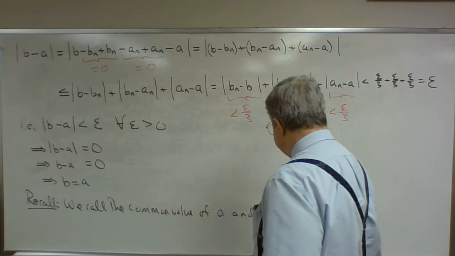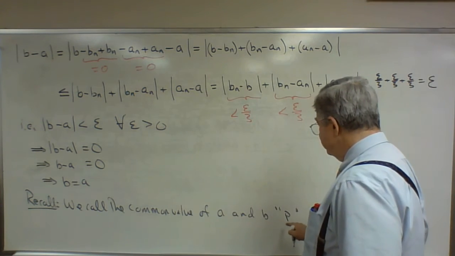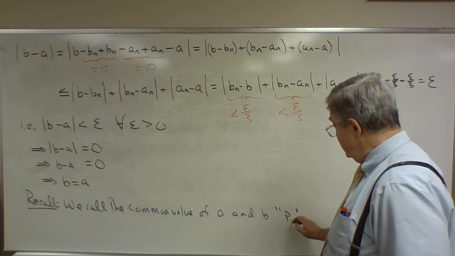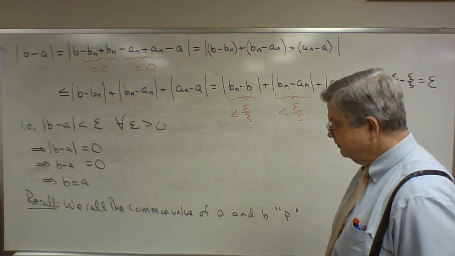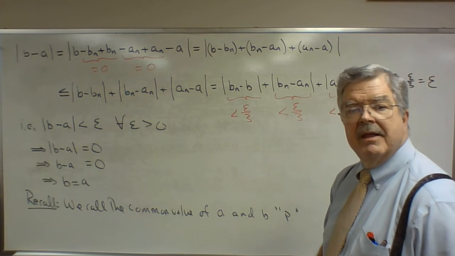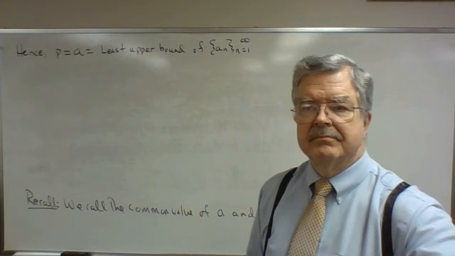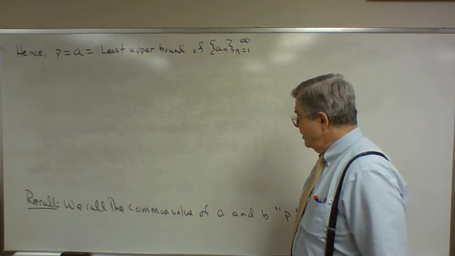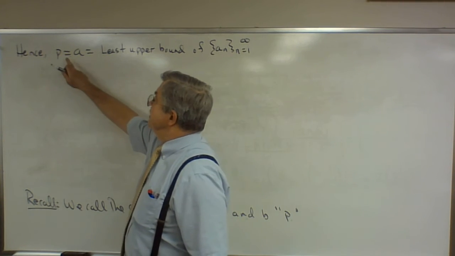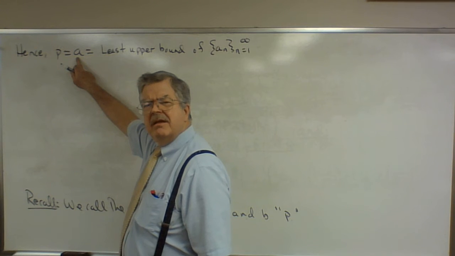And this common value of a and b, we call it p. So p is equal to a, and what was a?